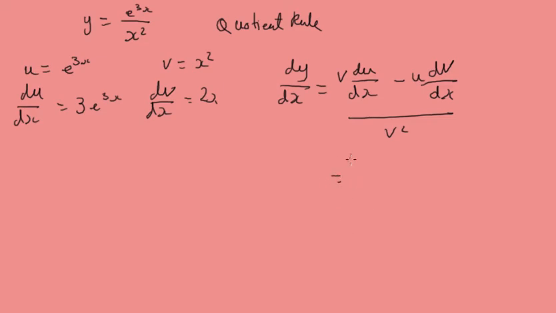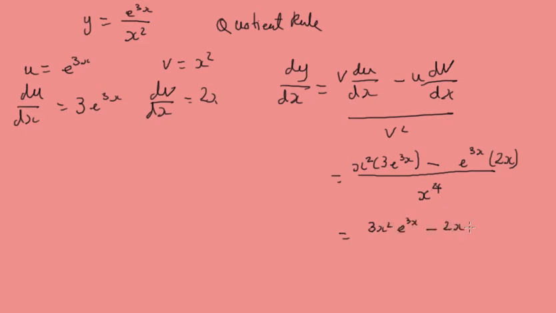So that gives us x squared times 3e to the 3x, then minus u, which is e to the 3x, times dv by dx, which was 2x, all over v squared, which is x squared, so it's going to be x to the power 4. Now we will tidy this up, so we will have 3x squared e to the 3x minus 2x e to the 3x, and then that's going to be over x to the 4.